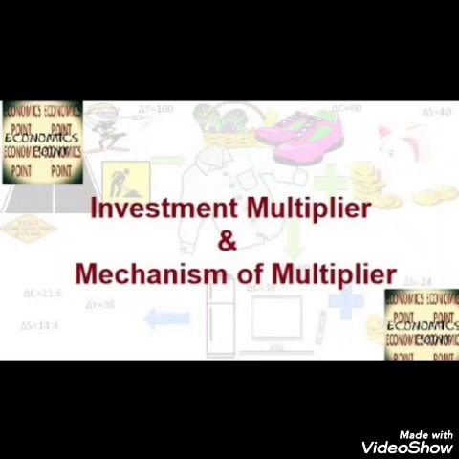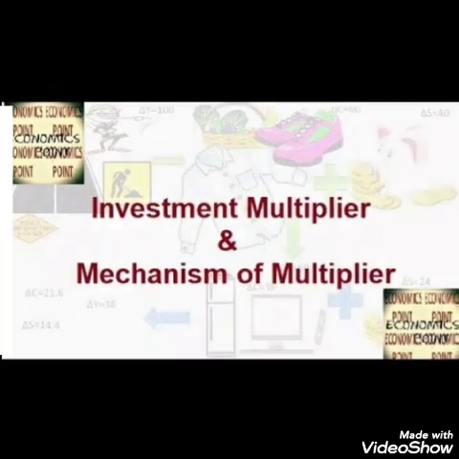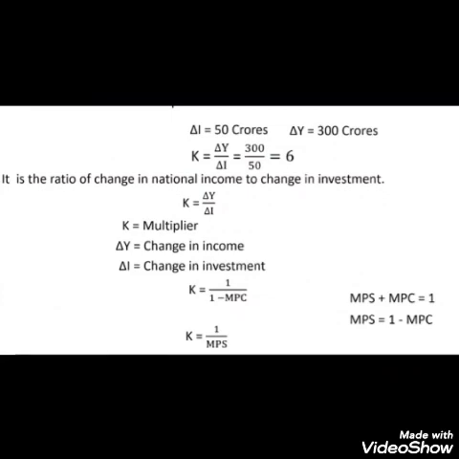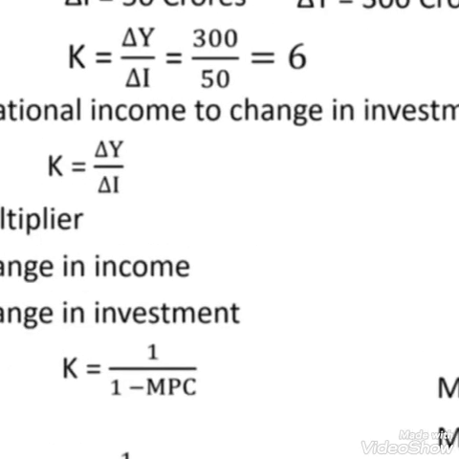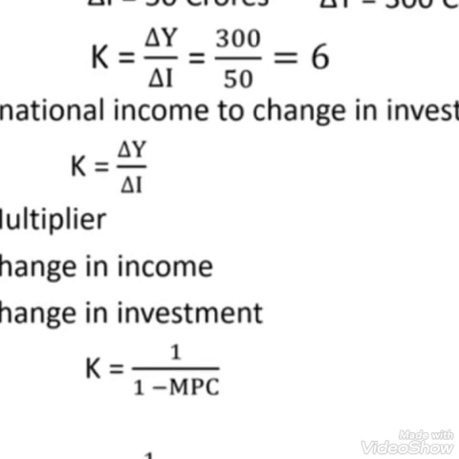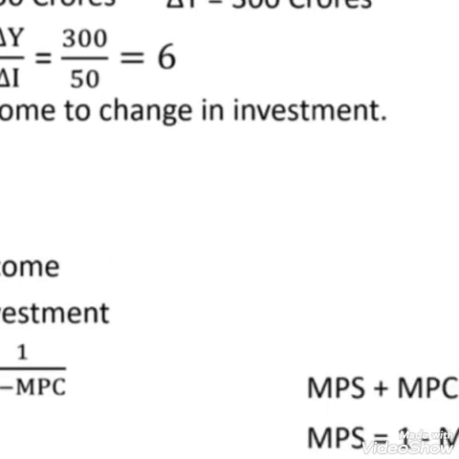Let's discuss it by taking an example. Suppose our investment is increased by rupees 50 crore, that means delta I is 50 crore, and because of this the income will also increase by 300 crore, that means delta Y is 300 crore.